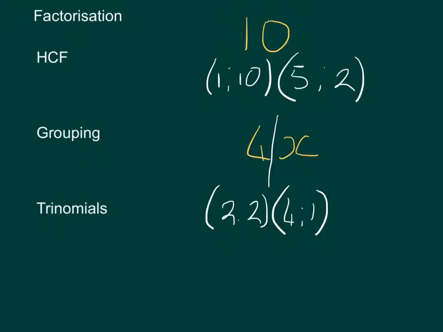So what times what gives me x? Well, anything times 1 will give me that number. For example, 4 times 1 is 4. So 1 times x. So x becomes a factor of x. So those are my three possible factors of 4x.